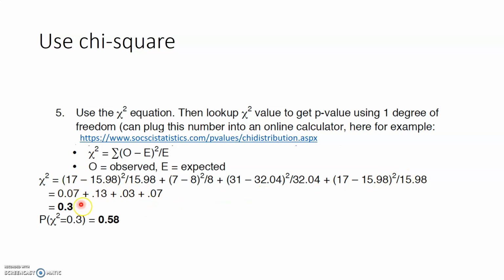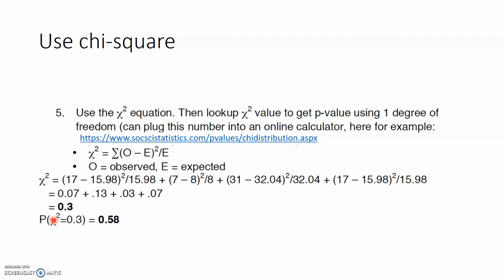That gives us a chi-squared value of 0.3. We could then go to a chi-squared calculator. I've included one here that you can click on. Enter in our 0.3 value using 1 degree of freedom, and it should give you a p-value of 0.58.